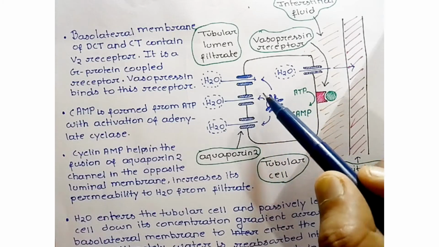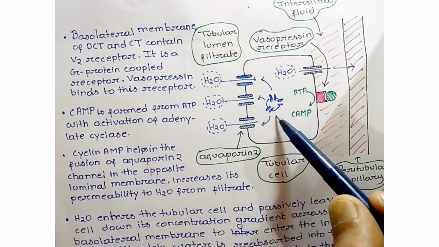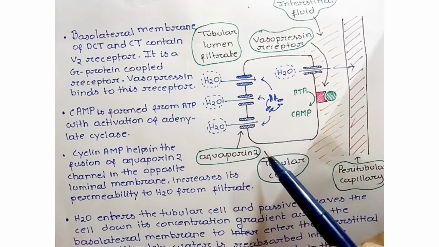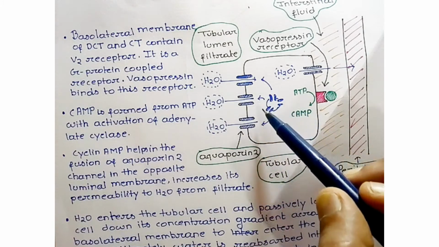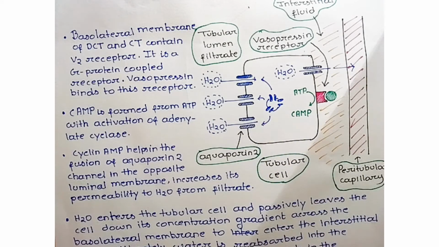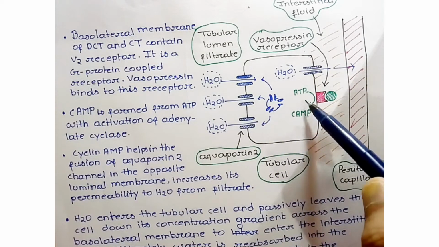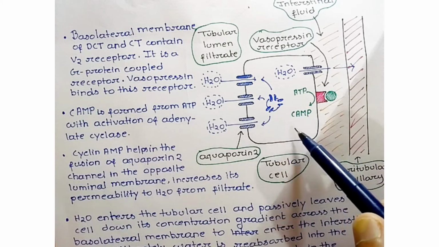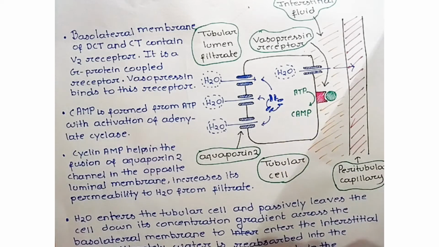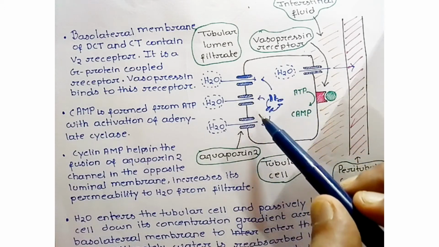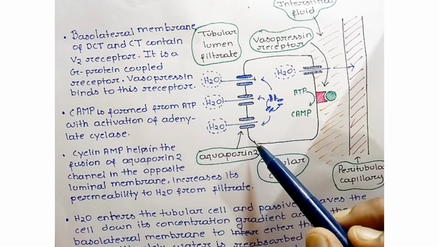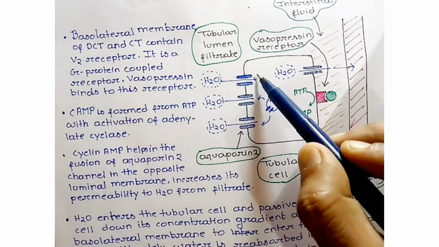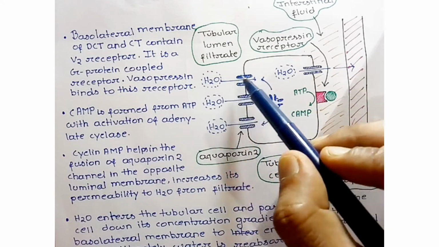Now the next point says cAMP is formed from ATP with the activation of adenylate cyclase, which helps in the fusion of water channels in the luminal membrane of the tubular cell. These are aquaporin 2 vesicles. So when cAMP is formed inside the tubular cell, it helps in the fusion of the water channel, aquaporin 2, in the luminal membrane.